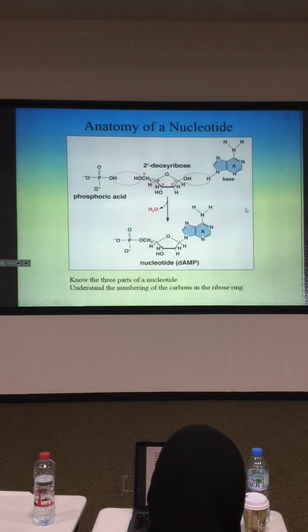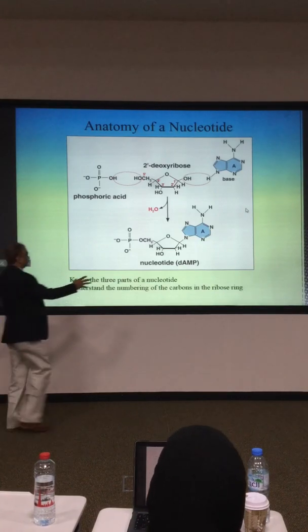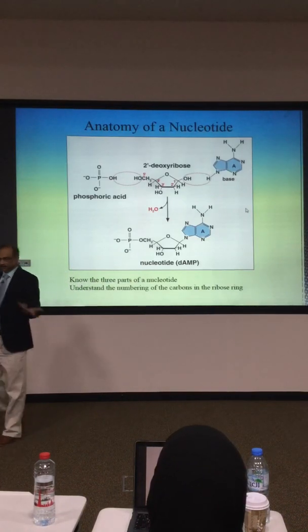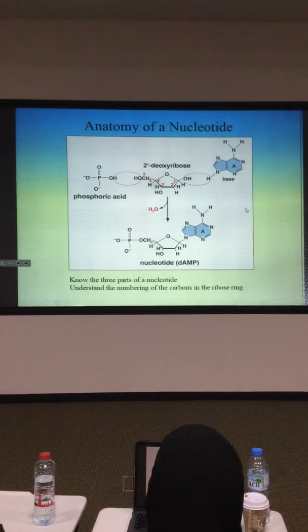Now, if we look at the whole structure of a nucleotide, what will we see? This is the base, and this base is a purine base, known as adenine.